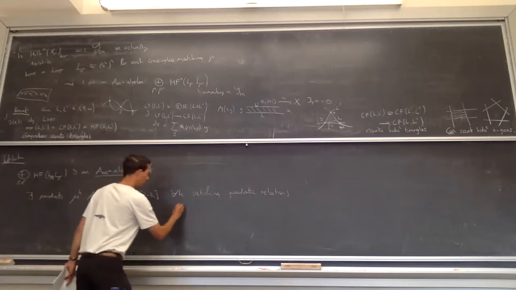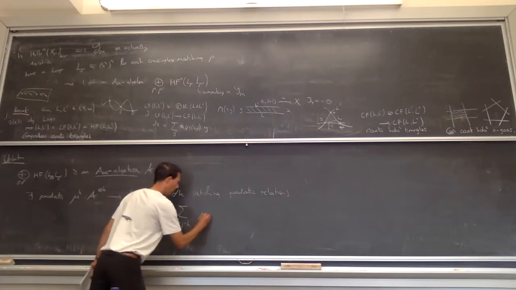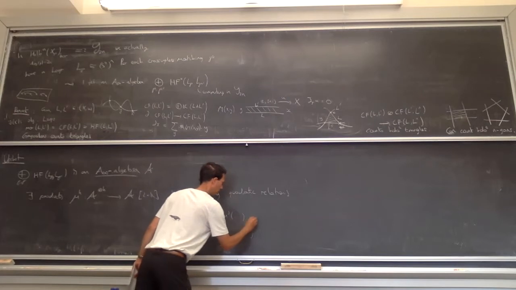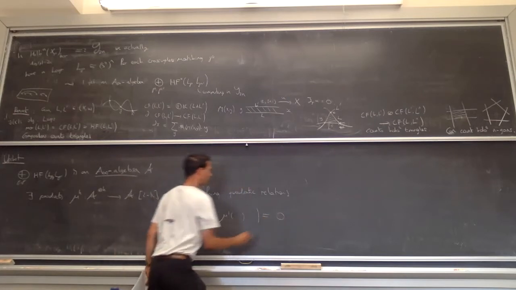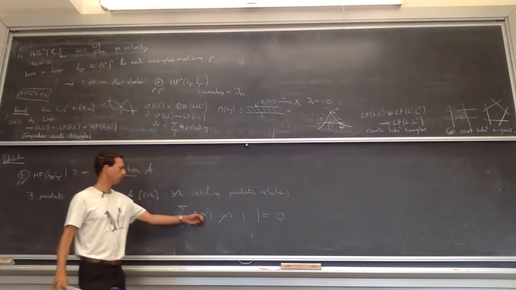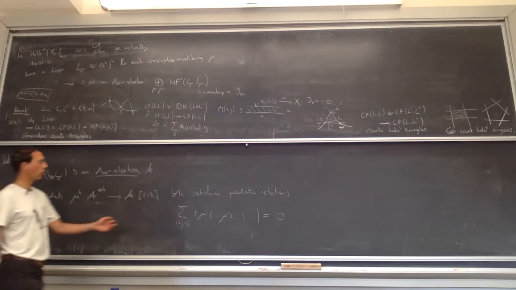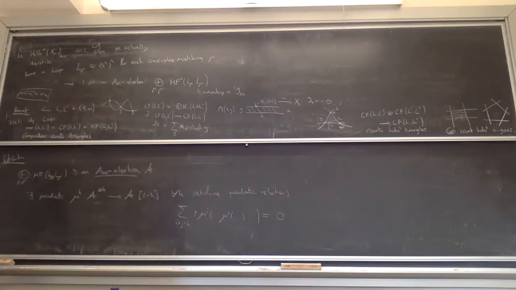And then there's some quadratic relation: if you compose these in all possible ways for k inputs using two of the operations mu i and mu j, such that the total number of things they would eat is k, then a signed sum of these things is 0.